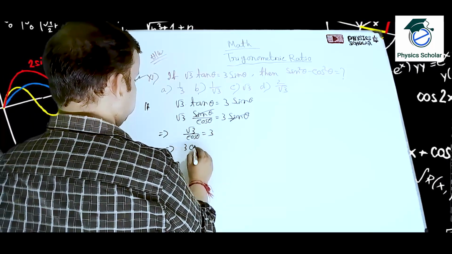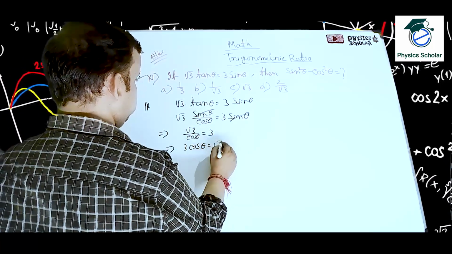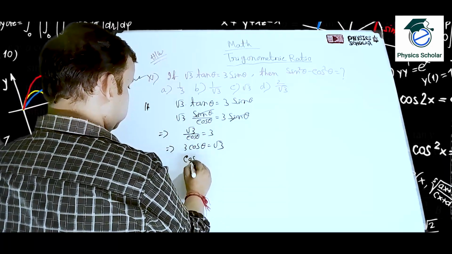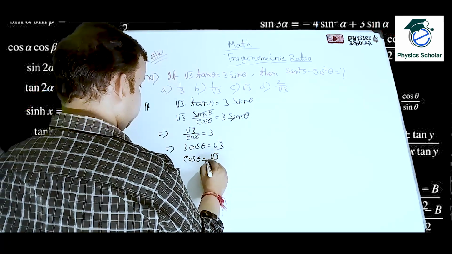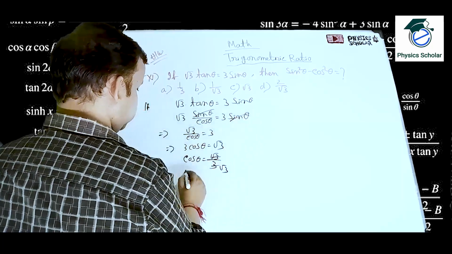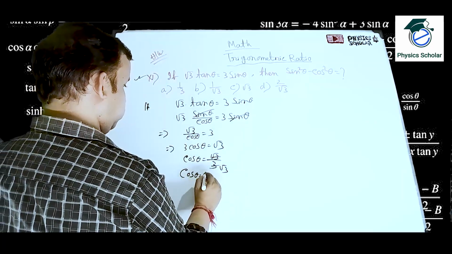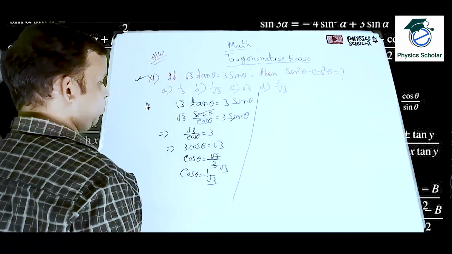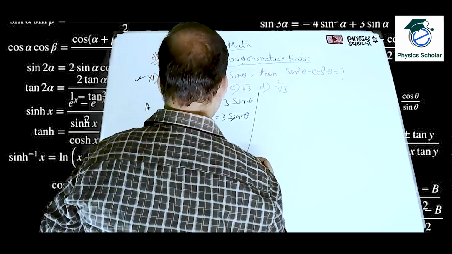That means 3 cos theta is equal to root 3. Therefore cos theta is equal to root 3 by 3. Therefore cos theta is equal to 1 by root 3. Okay, cos theta is equal to 1 by root 3.